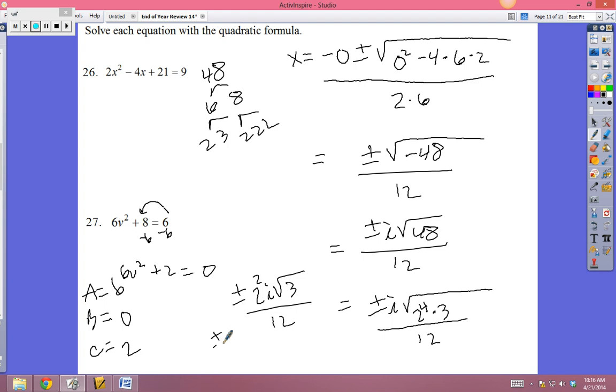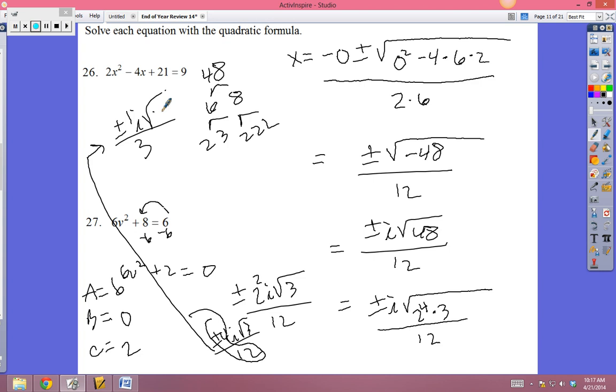So if I got plus or minus 4i times the square root of 3 over 12, my 12 and the 4 play together. The 12 cannot play with the 3, it's got to play with the 4. So 4/12 is the same thing as 1/3. So my final answer is going to be plus or minus 1/3 i times the square root of 3.